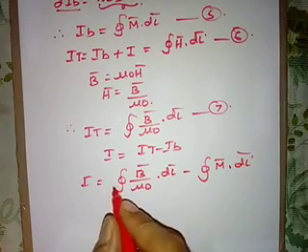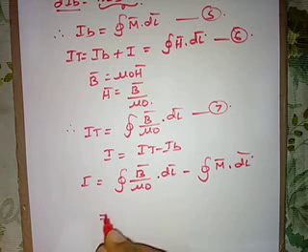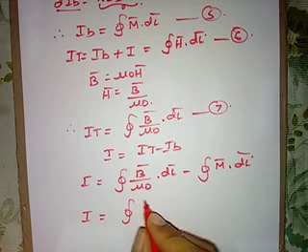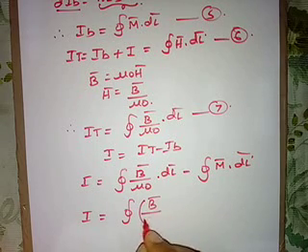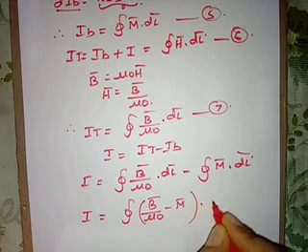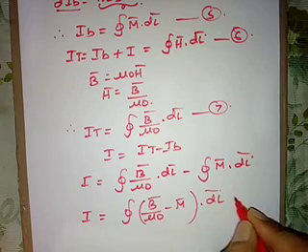As they are over the same integral, I can write it as I is equal to the closed integral of B bar divided by mu naught minus m bar, dot dl bar.